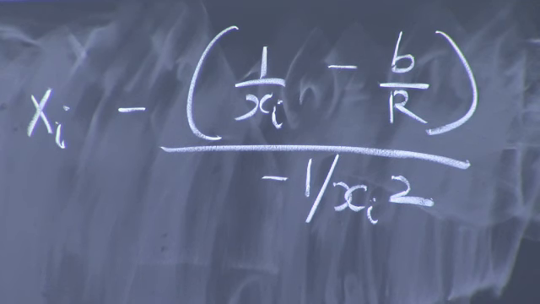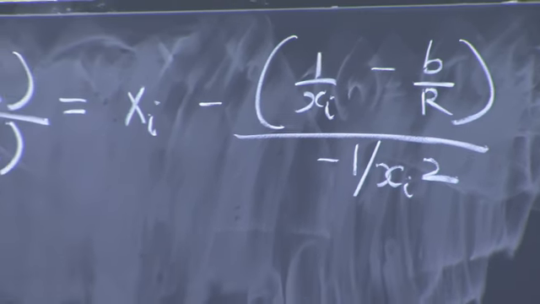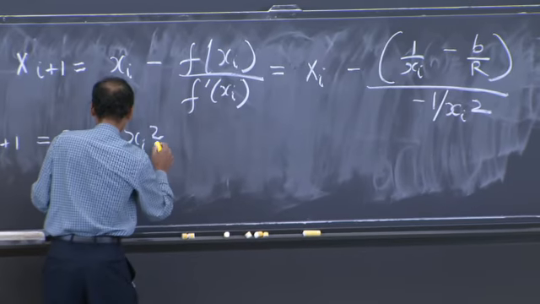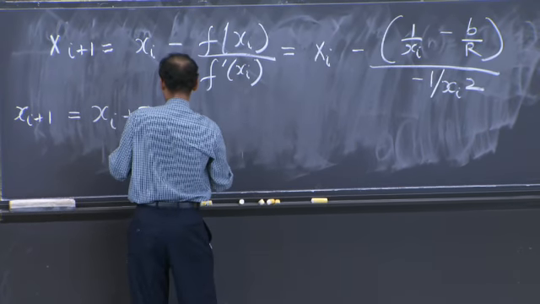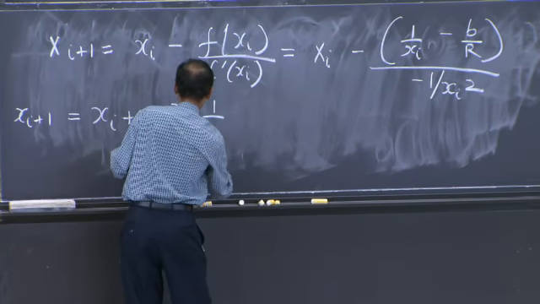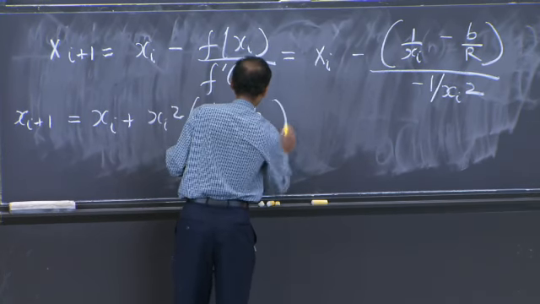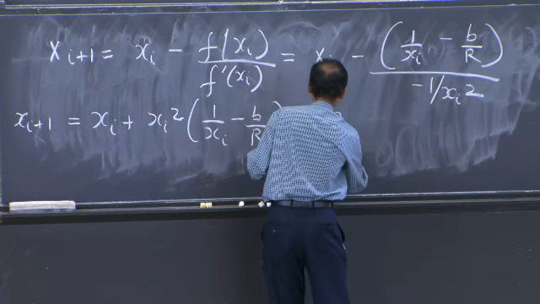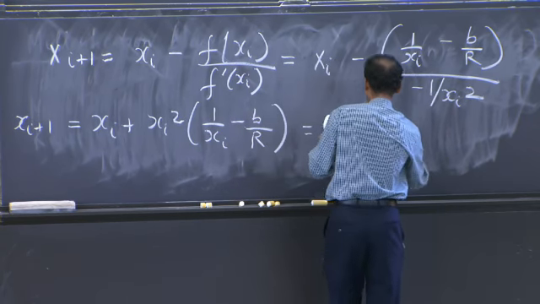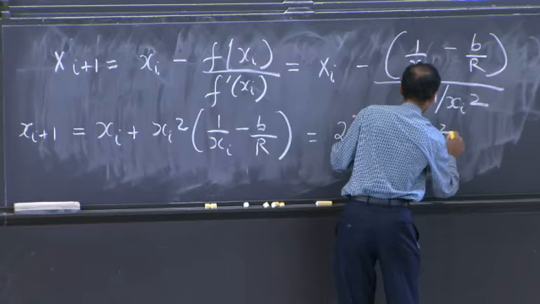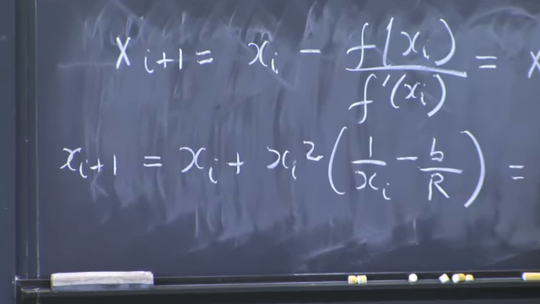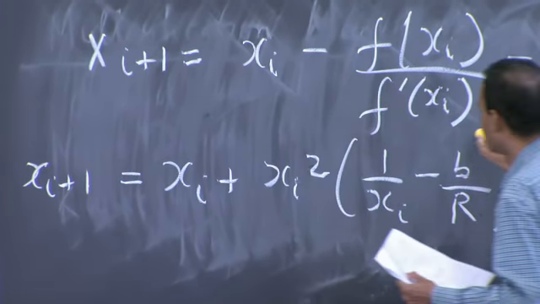And we have xi plus 1 equals xi plus xi squared times 1 over xi minus b divided by r. And finally, I get 2xi minus b xi squared divided by r. All right? That is key.